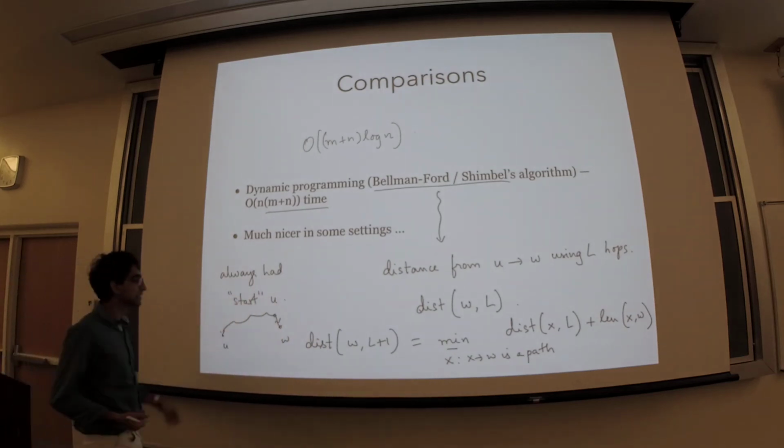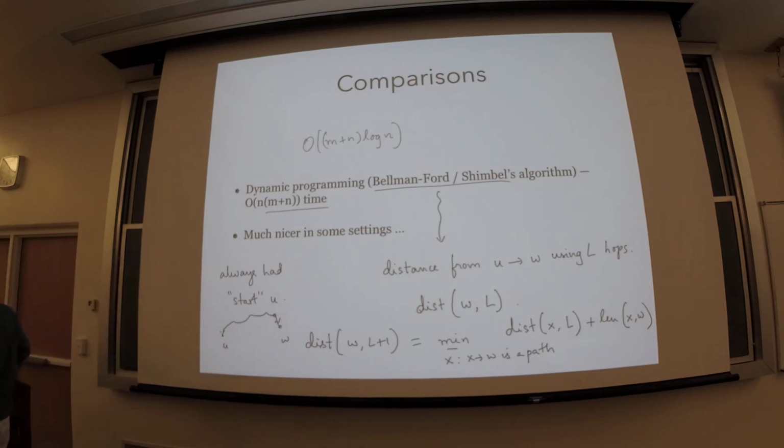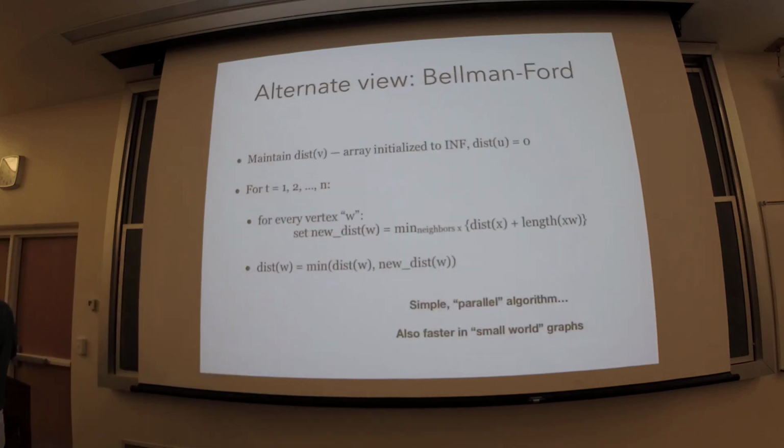So you could in principle think of this as an iterative process. Another view of this Bellman-Ford algorithm is that you maintain an array, which I'll call dist. Now it's a one-dimensional array, just n elements. I initialize everything to infinity except the dist value for u itself, which was the source, that I initialize to 0.